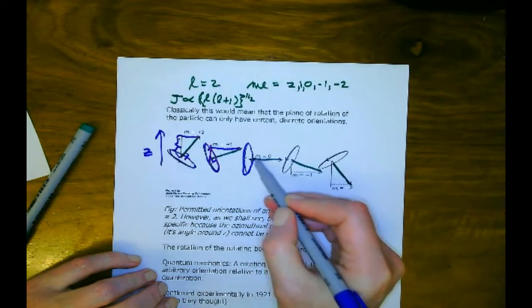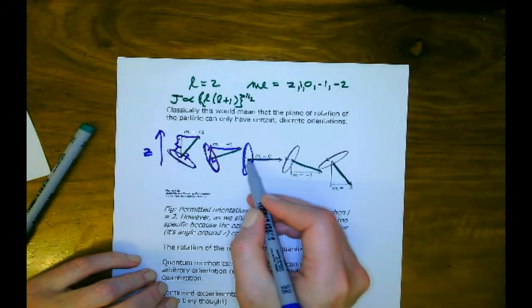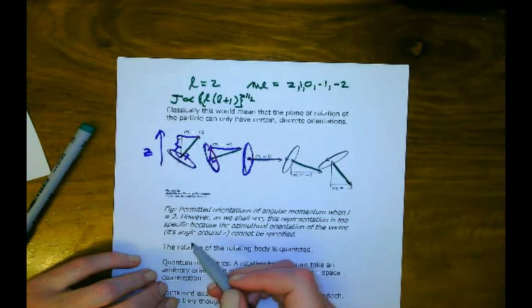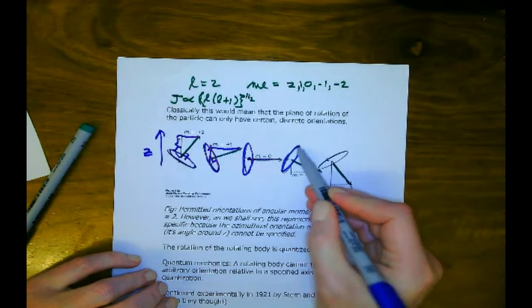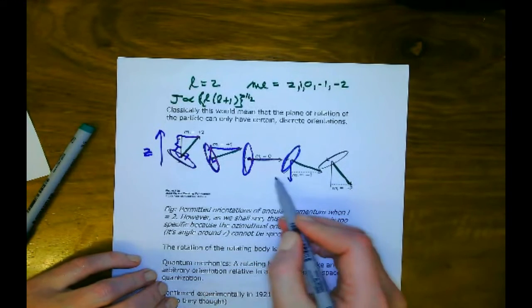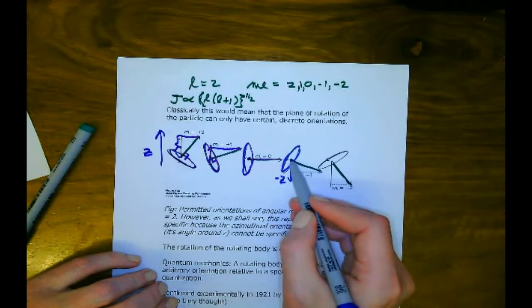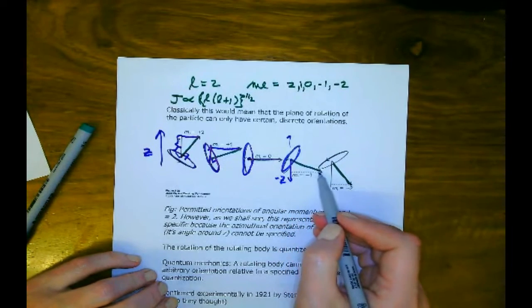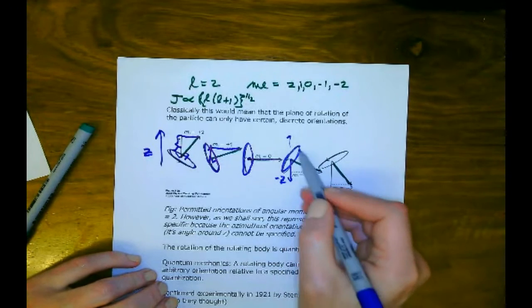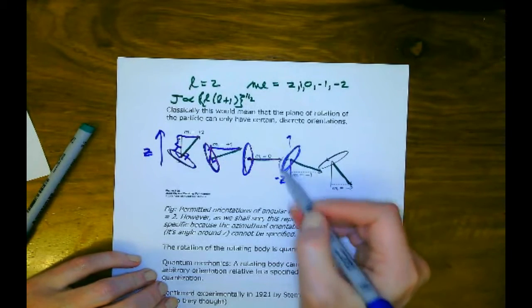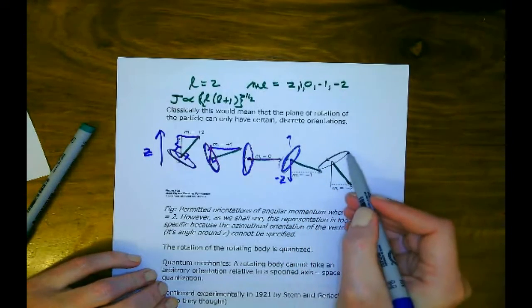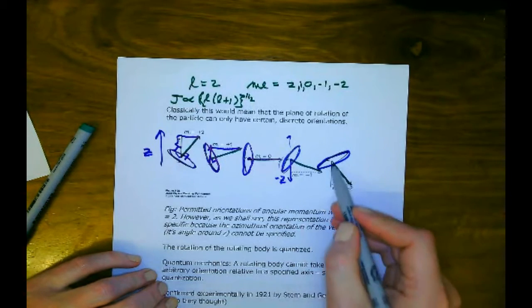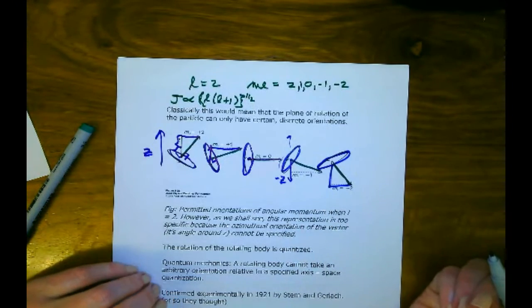For ml equal to 0, basically the projection is just a point. ml equal to minus 1, now we're moving into the negative z. So positive z is above the plane, negative z is below the plane. Again, this can only be achieved with this orientation of the ring. And then lastly, for ml minus 2.